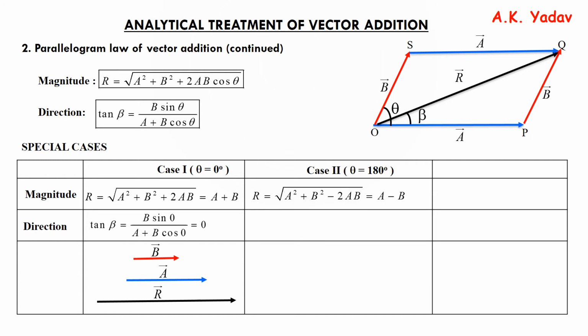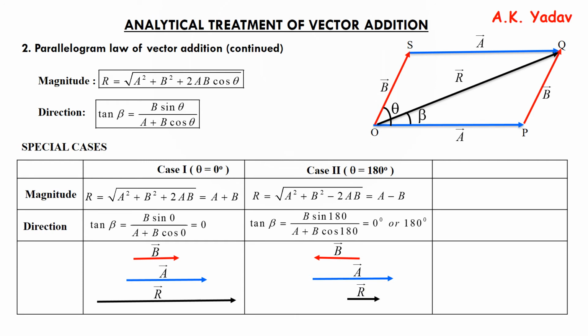If theta is 180, R is equal to A minus B, tan beta is equal to 0, that is in the direction of the bigger vector. So this is vector A, vector B. In this case scenario, angle is 0.